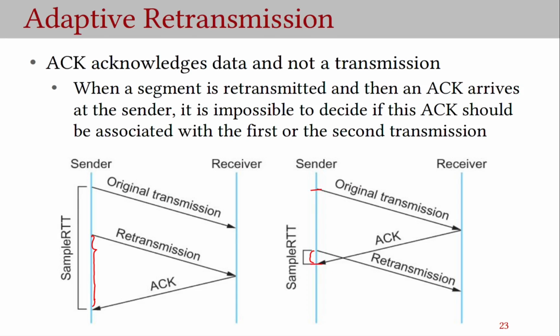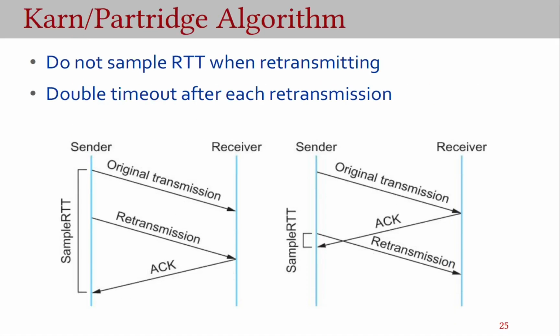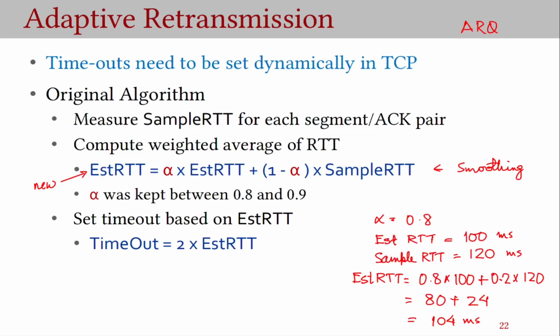A solution to this problem was proposed by Karn and Partridge in 1987, and their algorithm has two parts. First, we do not sample round trip time when we are retransmitting. So when we are retransmitting, we do not calculate the sample round trip time in this calculation. We basically skip this calculation for all the retransmissions.